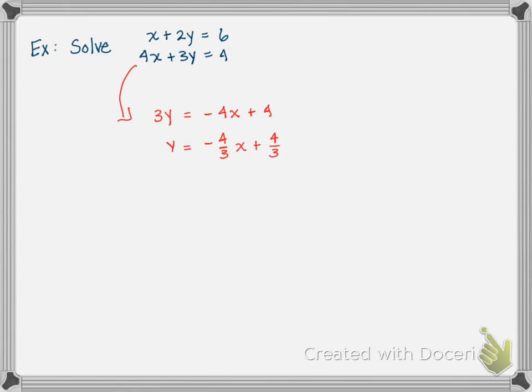So if you can identify a variable that doesn't have a coefficient of anything other than 1, then you'll never have to do that division, right? So in the first equation, we have that x plus 2y. And so I see that x, and I'm like, wow, it'd be really easy to get that by itself.